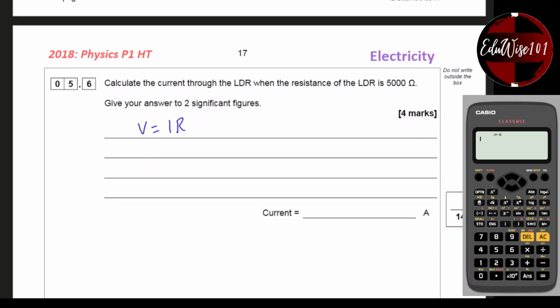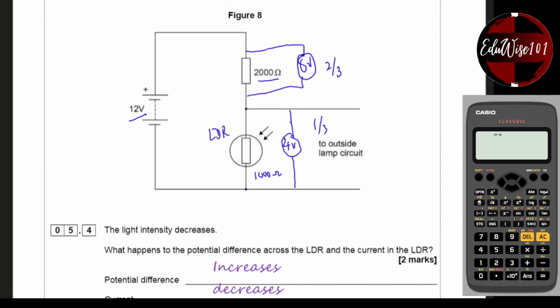Because if I go back to the circuit, this is a series circuit. So what they're saying is the resistance in the LDR is 5000. So if the resistance in the LDR is 5000 ohms, it's a series circuit. So the total resistance is going to be 7000.